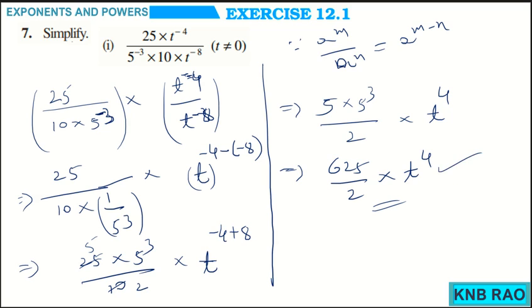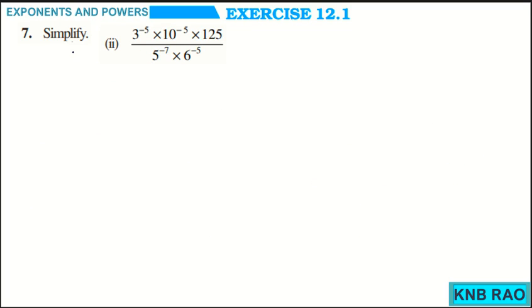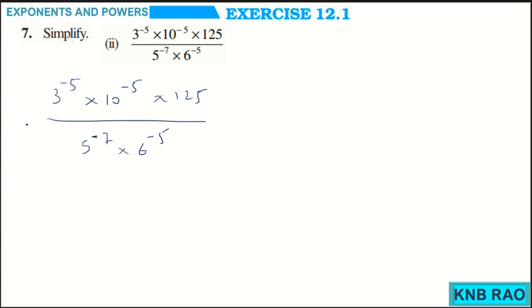Now coming to the second subquestion of question 7: 3 power minus 5 into 10 power minus 5 into 125 upon 5 power minus 7 into 6 power minus 5. See here, negative powers will make the exponential number move to the other side.